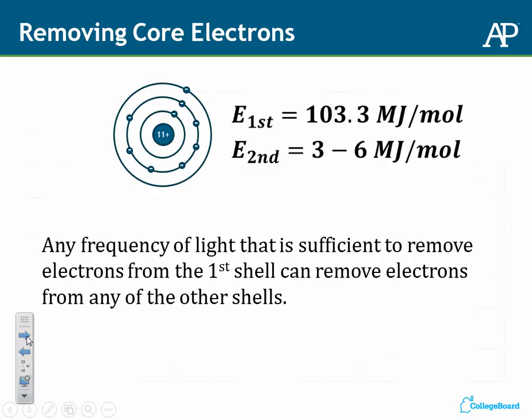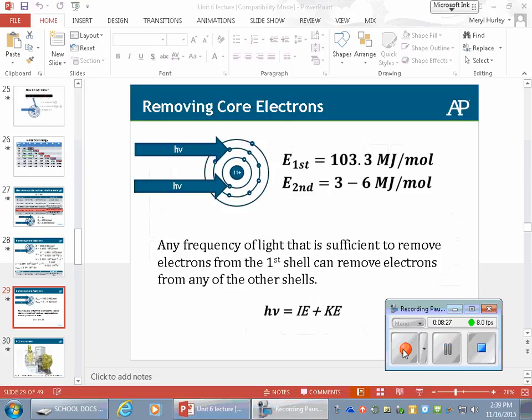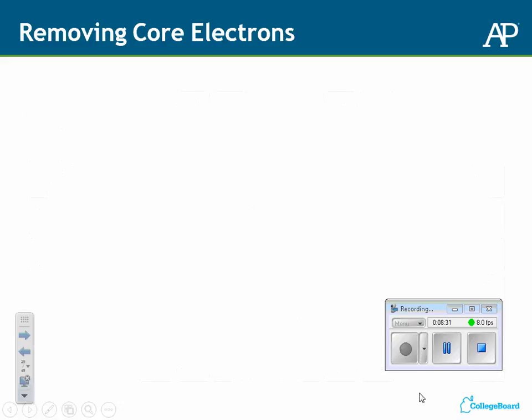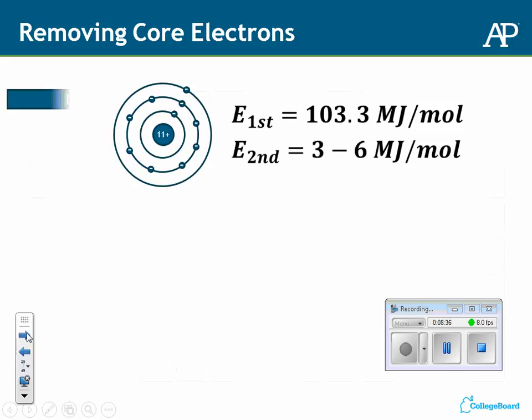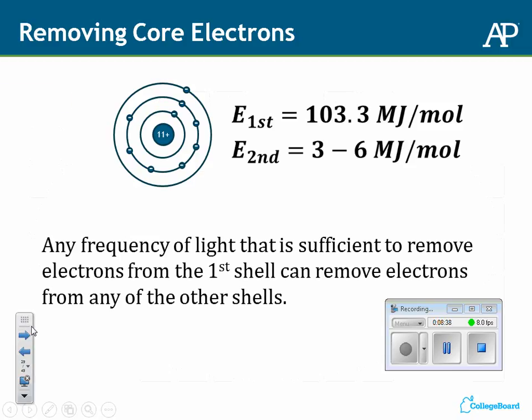So any frequency of light that is strong enough to remove an electron from the first shell will also remove things from the valence shell. Okay, so you can see here that any amount of light that has enough energy to remove electrons from the first shell can remove electrons from the outer shells, and that's where the velocity comes in.